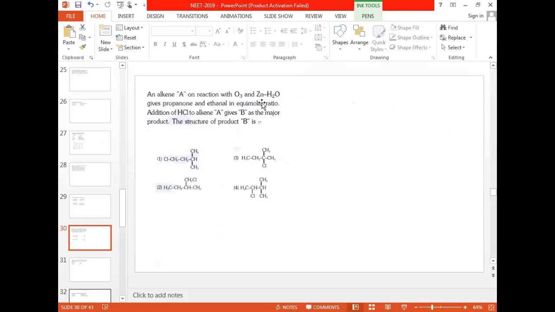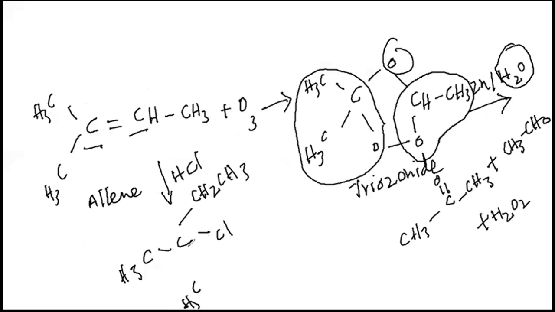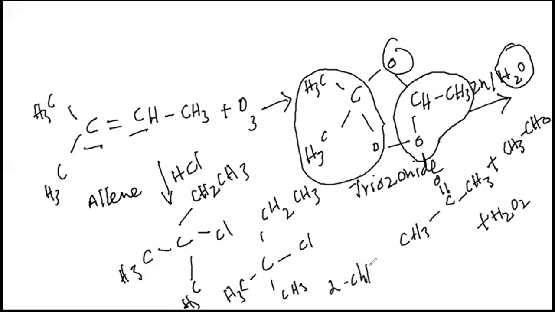See the question once, where it is there. Right here it is like this: CH2 CH3, Cl, then CH3, then CH3 like this. What is the name of this compound? 1, 2, 3, 4. That is 2-chloro 2-methyl butane.